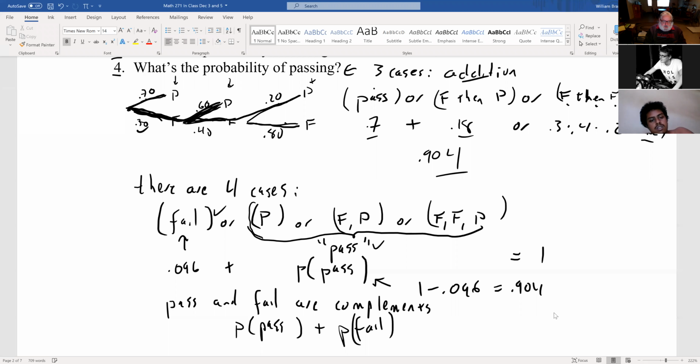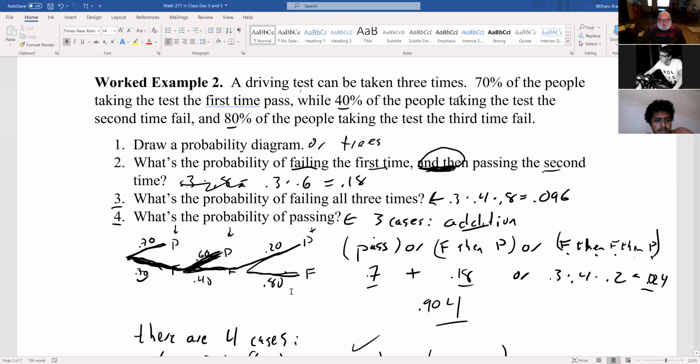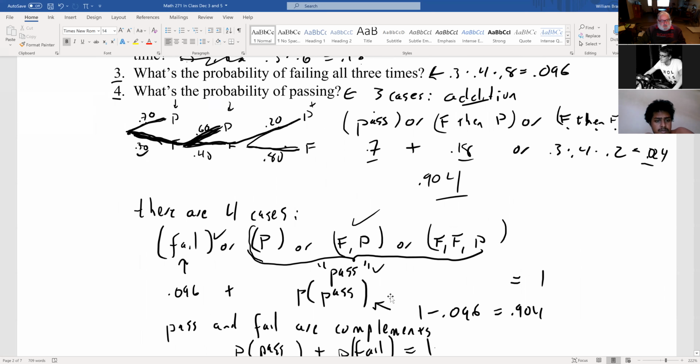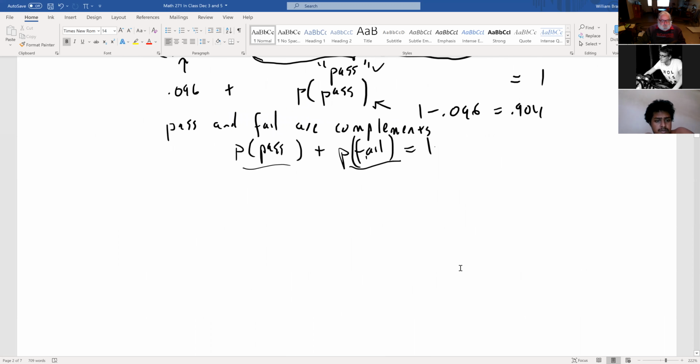Well, you have to do one or the other, right? So probability of pass plus probability of fail, that has to be equal to 1. So if I can figure out this probability of failing, I can figure out the probability of passing just by taking 1 minus that, and then I don't have to deal with all these cases. Great. So probability trees can help in figuring things out, but keep in mind the difference between cases and sequences. One is addition, one is multiplication, and complements are useful.